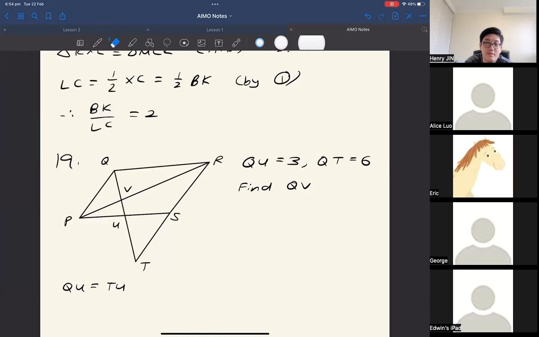So any ideas of what they might think QV is? Have a guess. What does the ratio look like?